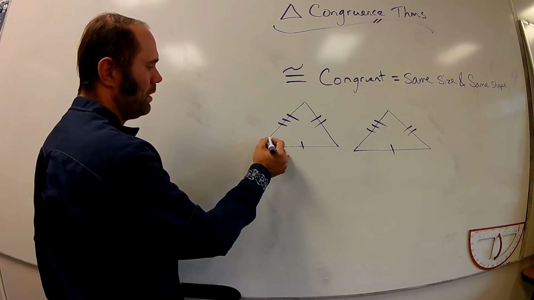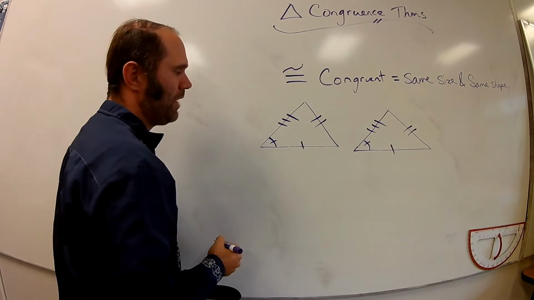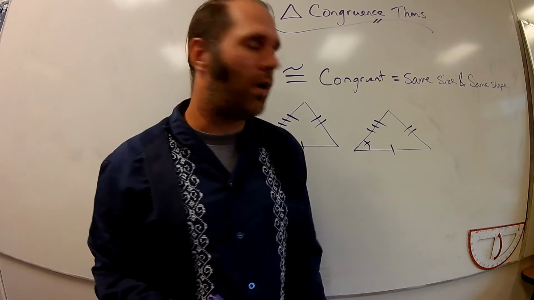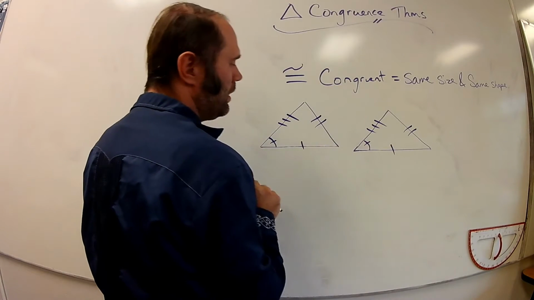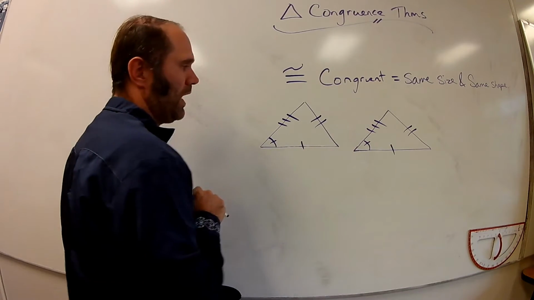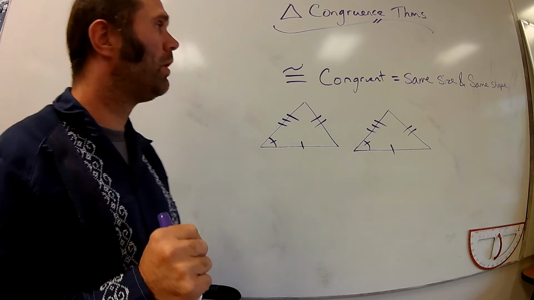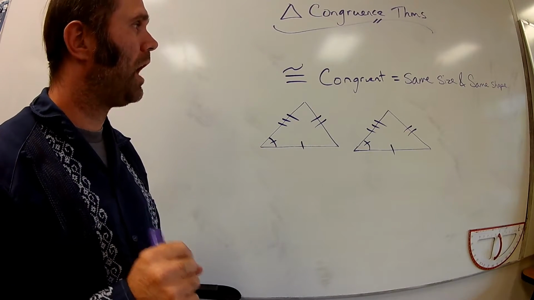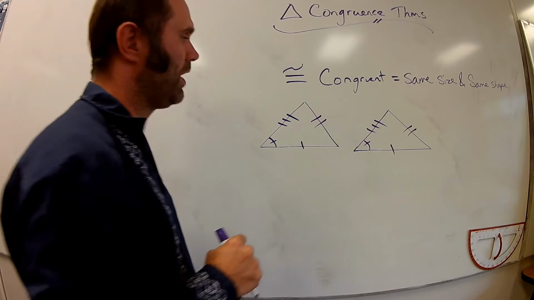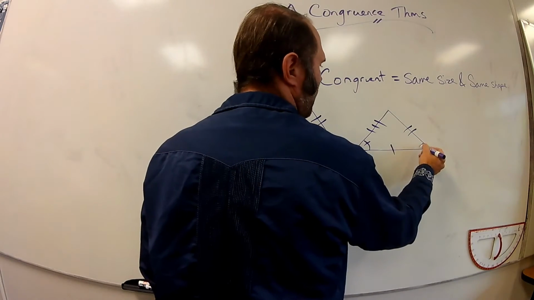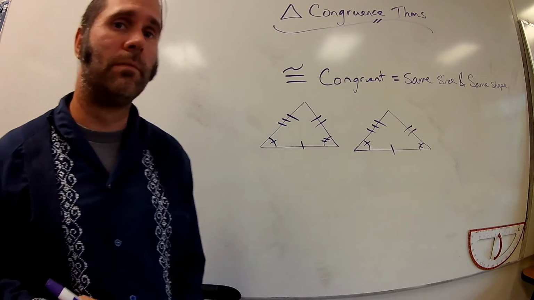Also, if I knew this angle was the same measure, so if I were to measure the degrees and the two angle measures were the same, then I would know a little bit more. I'd have more confidence that these two triangles are congruent. They're the same size and shape. If I have that, even more.